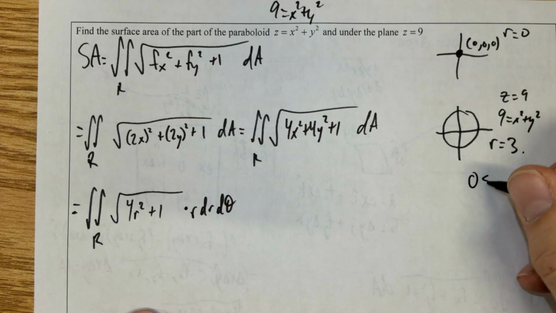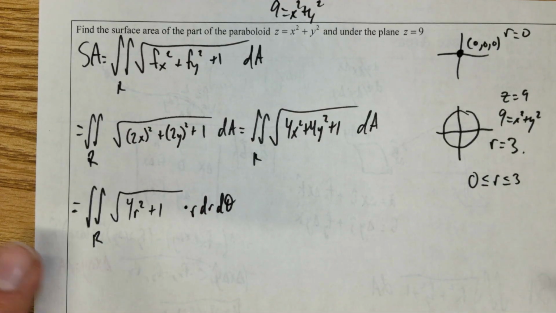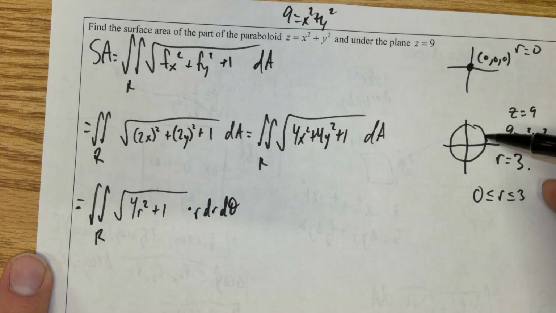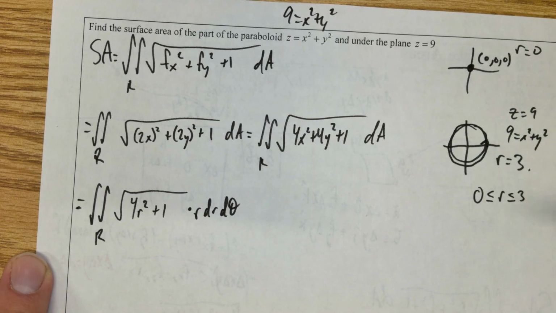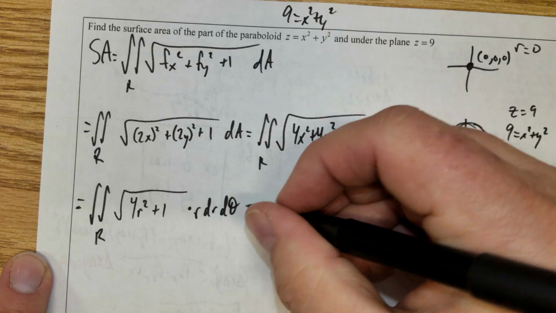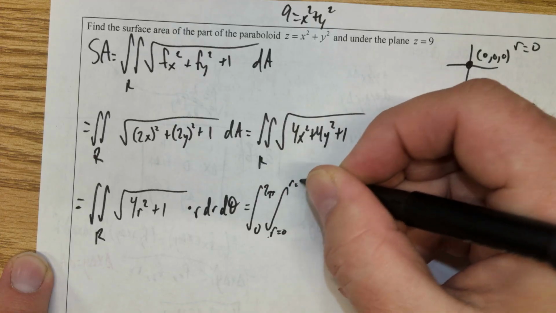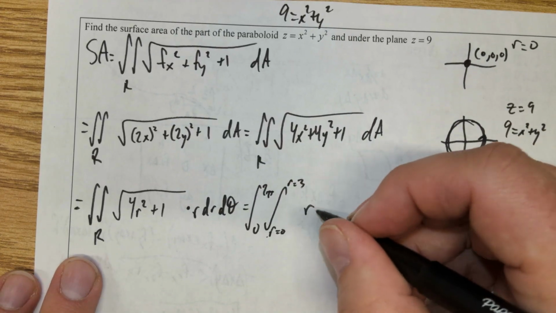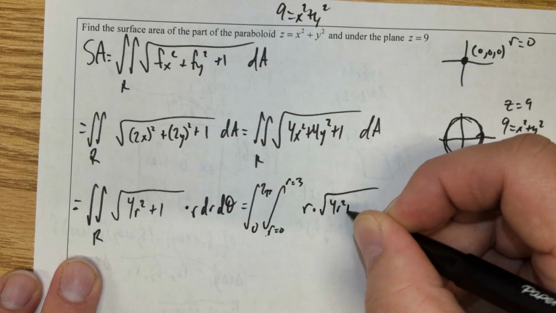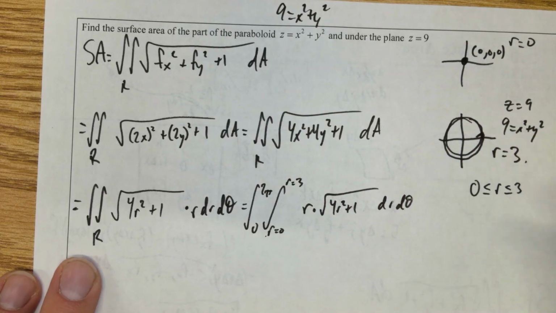So I have my r bounds. And it's the surface area, it's the full circle, so I need to theta all the way around this shape. 0 to 2 pi. r equals 0 to r equals 3. Of this r times the square root of 4r squared plus 1 dr d theta.